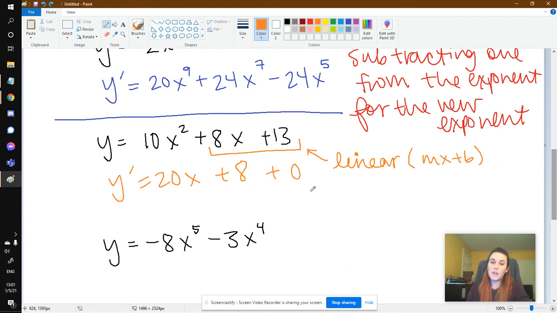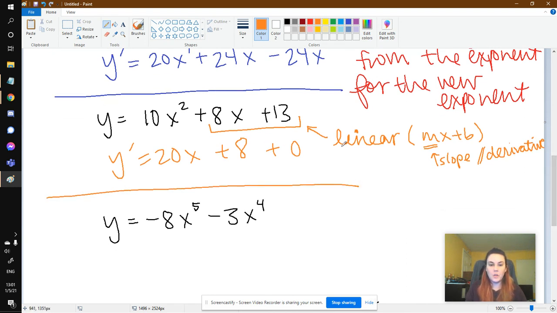And we talked about this in class as well, where linear things give you the slope and constants give you nothing. Slope is derivative. So here I would write y prime as just 20x plus 8, because I would lose the plus 0.